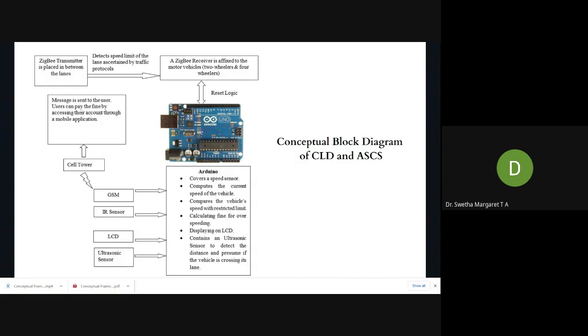The main components of the block diagram would be the Zigbee transmitter. Now this is placed in between the lanes, as I already demonstrated. Zigbee is inexpensive, protected, malleable, low power consumption, and simple to integrate with the infrastructure. We'll then be using an ultrasonic sensor.